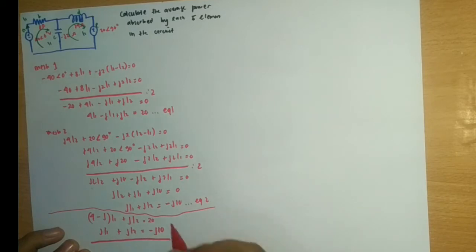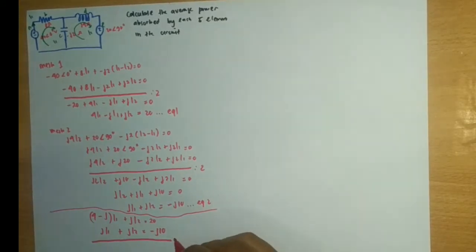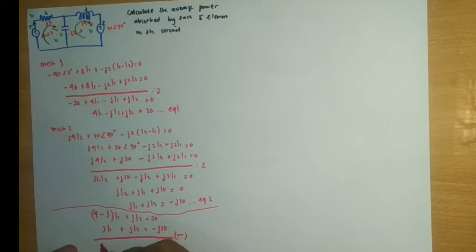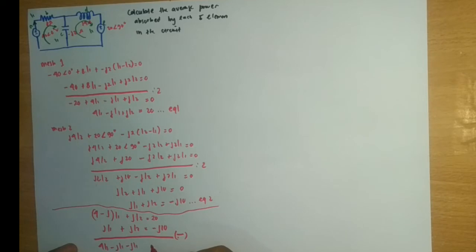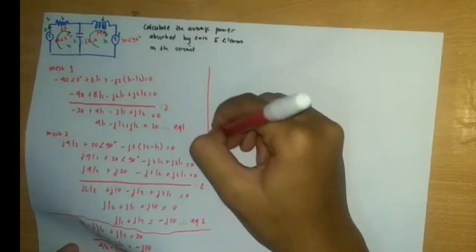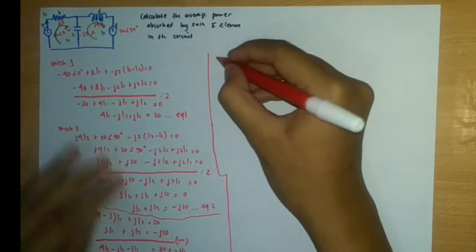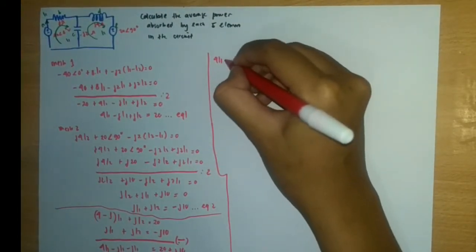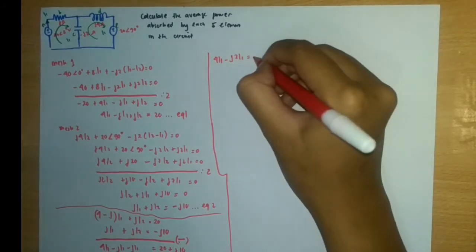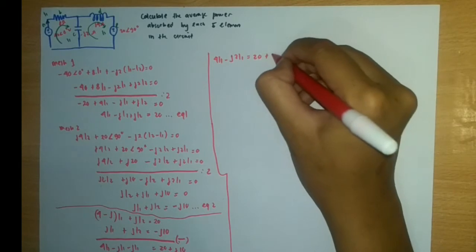And we took the elimination, and we got 4I1 minus jI1 minus jI1 is 20 plus j10. And then we got 4I1 minus j2 I1 is equal to 20 plus j10.